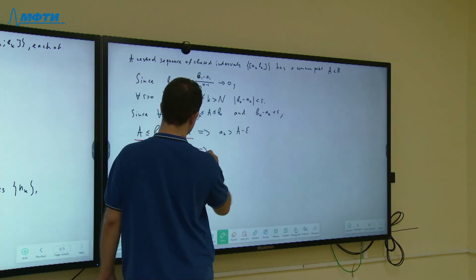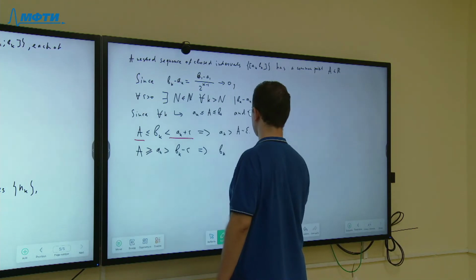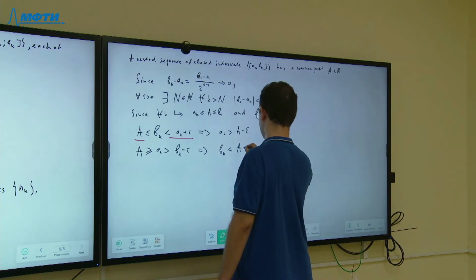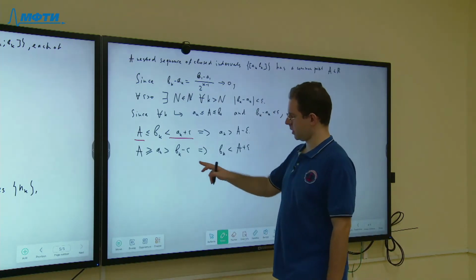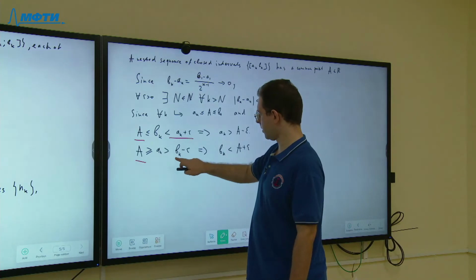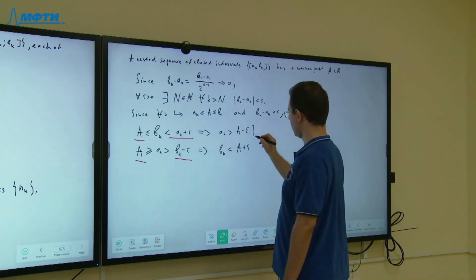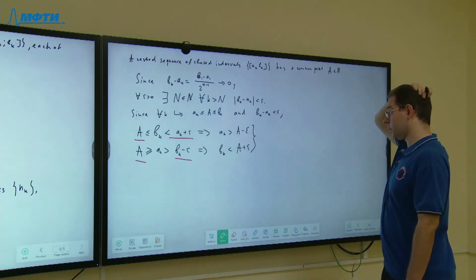From here, it would follow that b_k is less than a plus epsilon. In the same way, that and that. Okay. Very well.